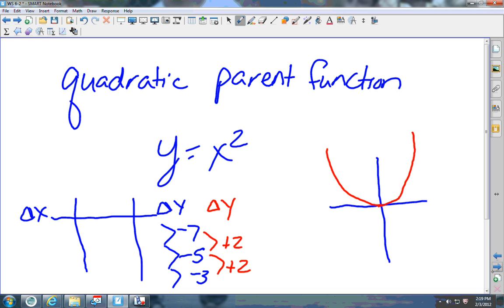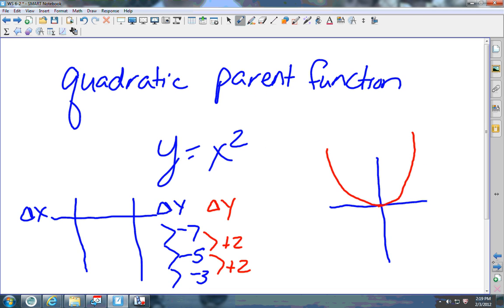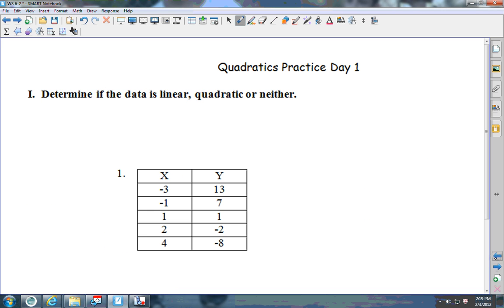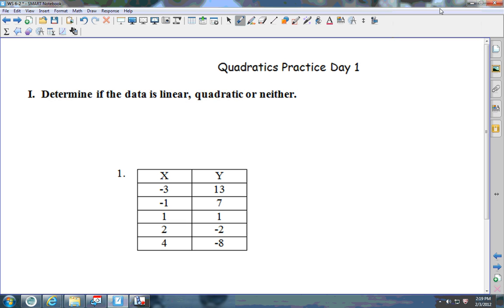Now let's look at this one. Determine if it is linear, quadratic, or neither. What I would do first is come over here and do delta y, the change in y.